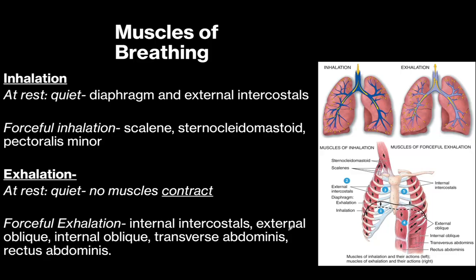Forceful exhalation, we learned about the external intercostals and the transverse thoracic. But we also can see the external obliques, the internal obliques, transverse abdominis, and the rectus abdominis also assisting in forceful exhalation.